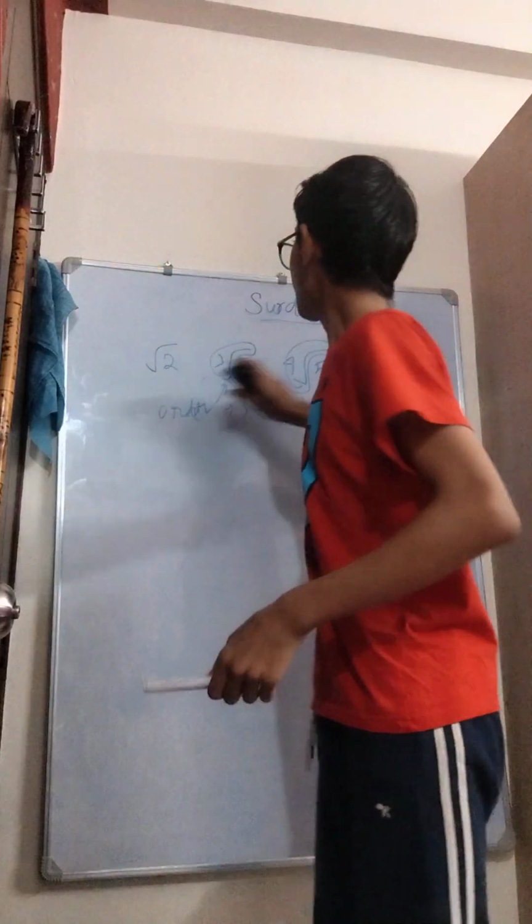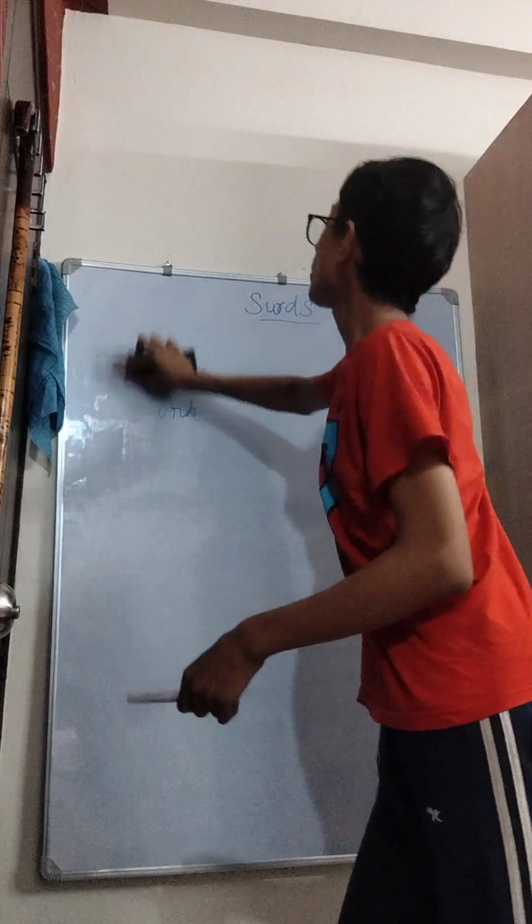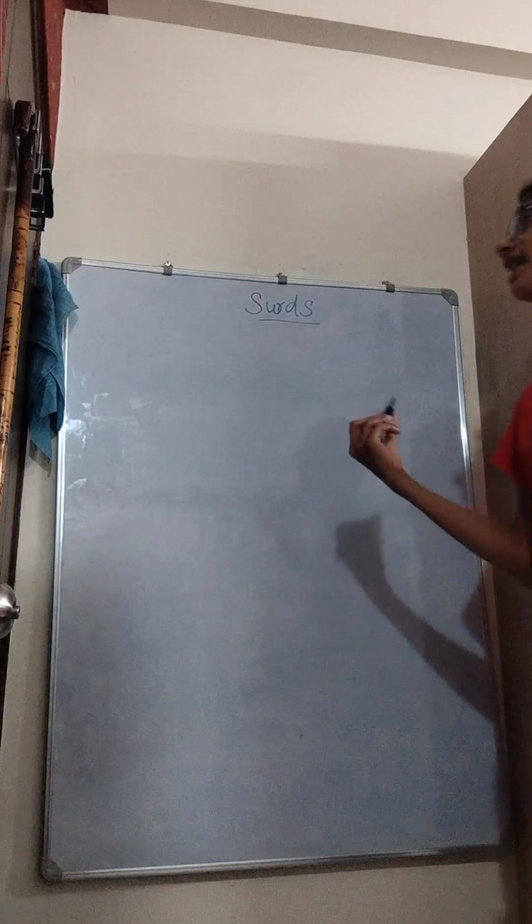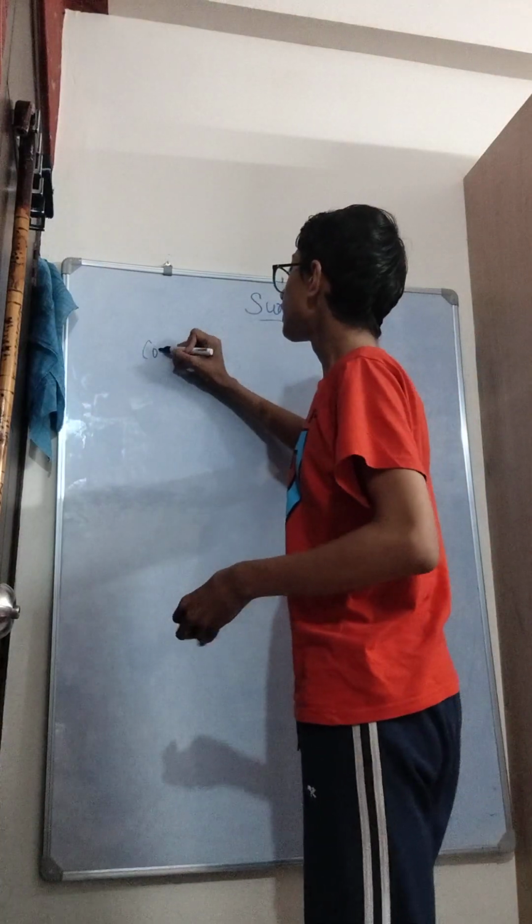Next one is compound surd. A compound surd is a surd which has sum or difference of two or more surds. Compound surd is exactly the same as mixed surd.